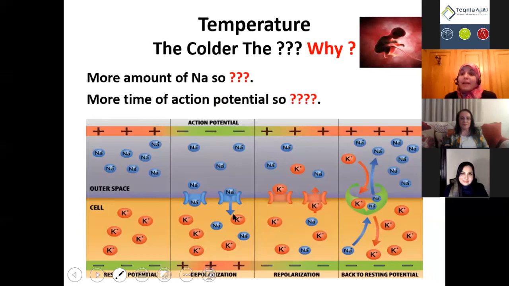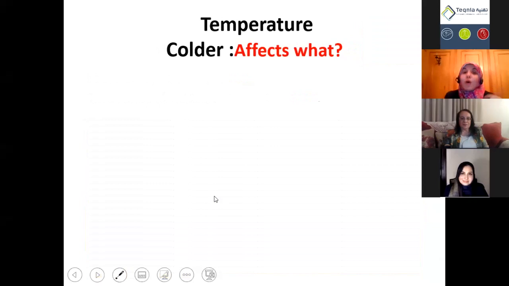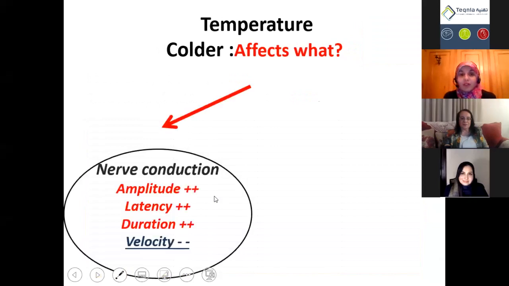But the amplitude in this way, as you have more sodium and more time for the depolarization phase, is as if there is a pseudo increment: all the potentials summate together, and you see a higher amplitude. So when we understand the physiology, we can understand what we see in the routine nerve conduction studies.